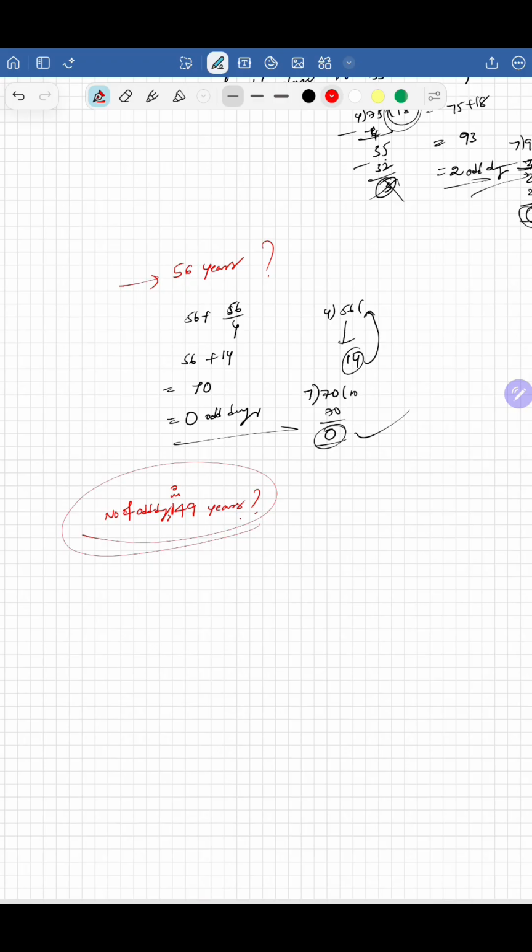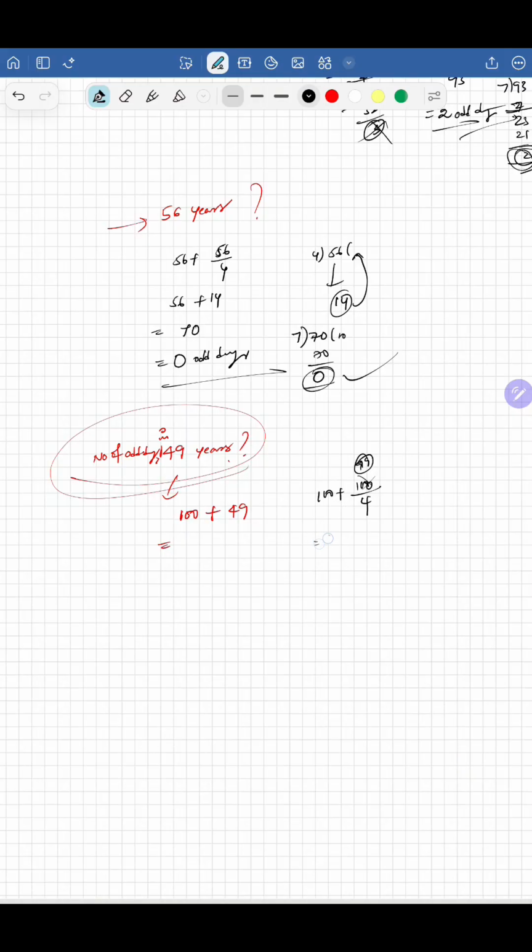Up to 99 means up to 100 you have a trick. You can break it into 100 plus 49. Why? Because for 100 years, the 100 by 4 trick works only up to 99, so you can consider it as 99 only here.